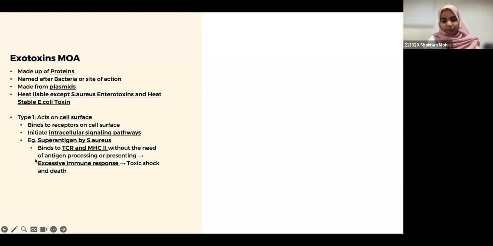So how does it do that? The superantigen specifically, it's a very bad antigen. Basically, it binds to the T cell receptors and the MHC2 without the need for the antigen presenting cells to present an antigen. So usually what happens, you have a bacteria that came, the macrophage, say, engulfed it, and then it breaks it down and presents the antigen for the T cells.